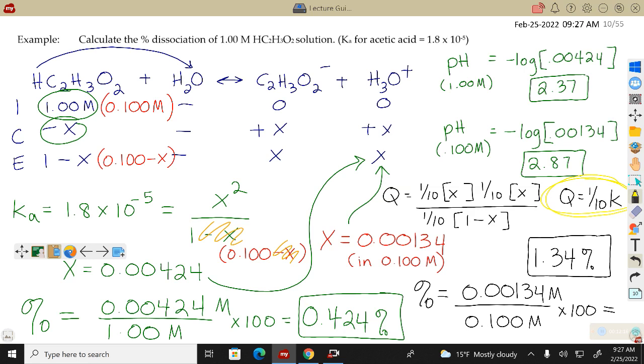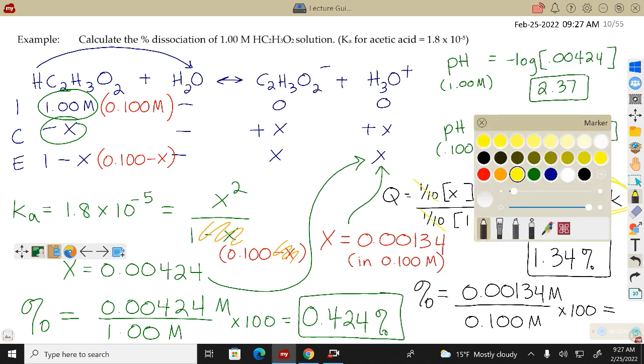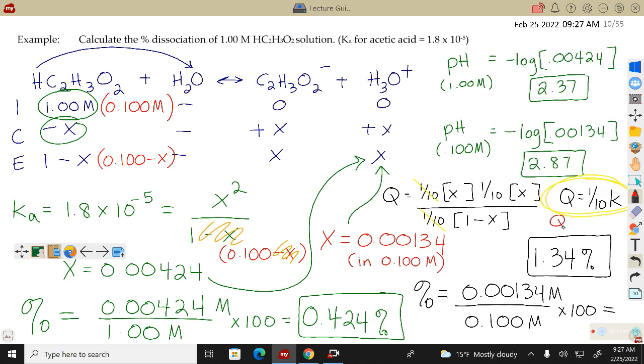Q is going to be smaller than K, because look what happens in the numerator. I've got like 1/10 of both ions, and then in the denominator I've just got one particle. So I could simplify this, and I'm going to get that Q equals 1/10 of K, or that Q is less than K.